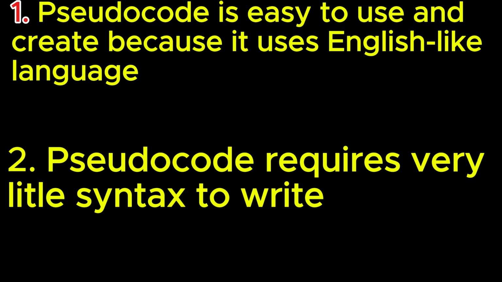We have already seen that pseudocode uses short English-like statements, so it is easy to write and use. The second advantage is that pseudocode requires very little syntax to write. It doesn't require large or complex syntax.